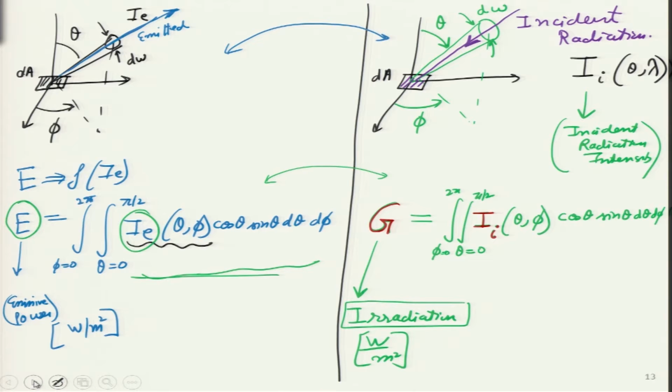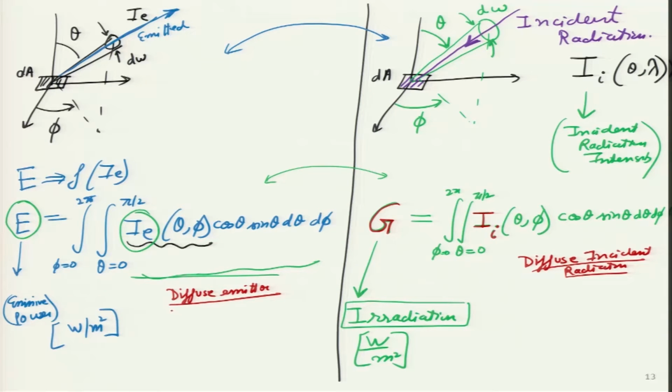So, in order to figure out the relationship between them, I am going to make one assumption of diffuse. So, in the earlier case, in the blue case, we have the diffuse emissions. Here we will have the diffuse incident radiation. What does that mean? That earlier we had taken I e theta phi as a constant, I e, which was a constant.